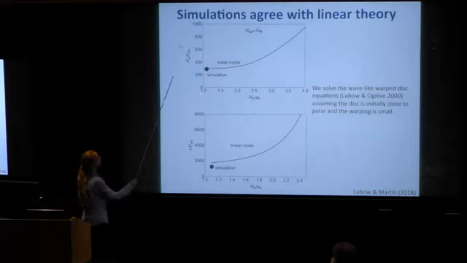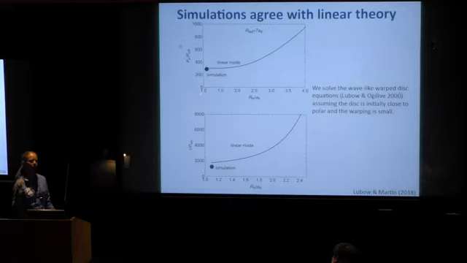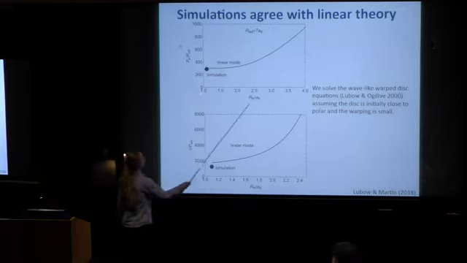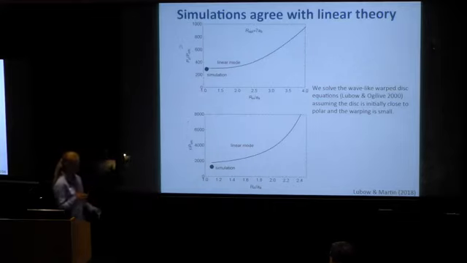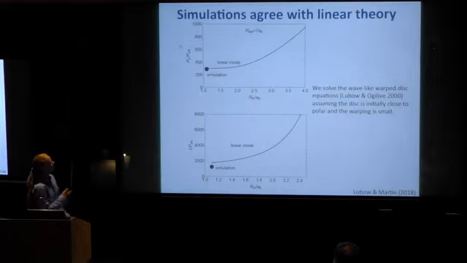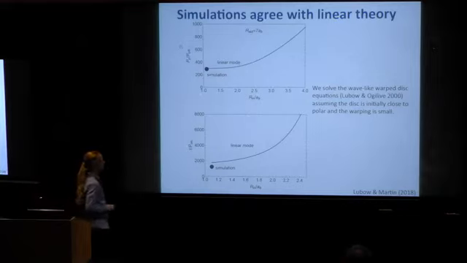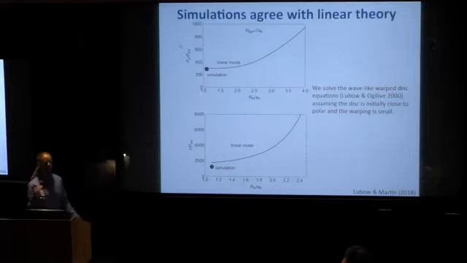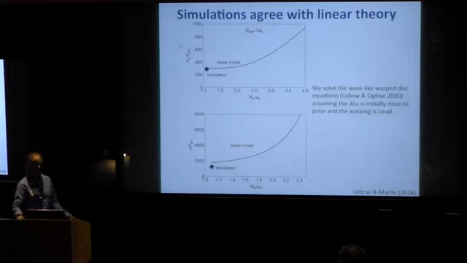The top plot shows the period of the precession as a function of the inner truncation radius of the disk, and the simulation agrees very well with this linear theory. And then this bottom plot shows the damping rate, so the rate that it moves towards alignment.